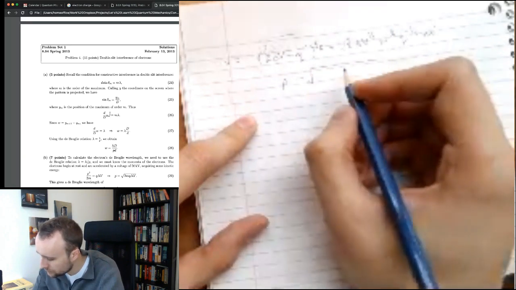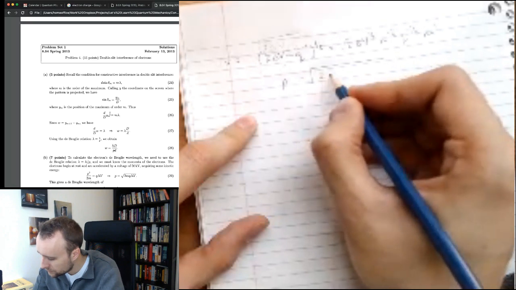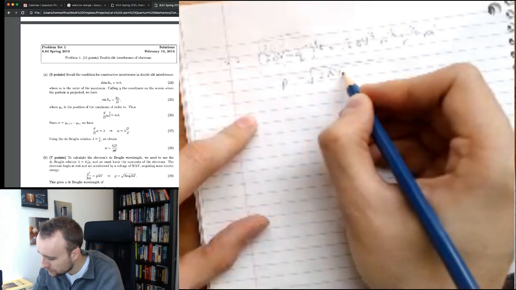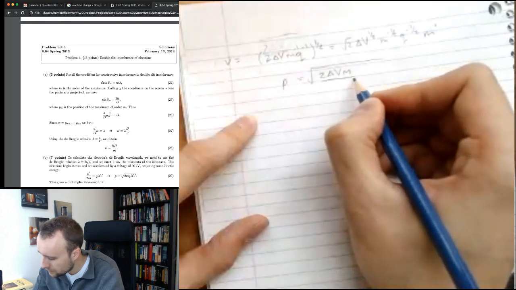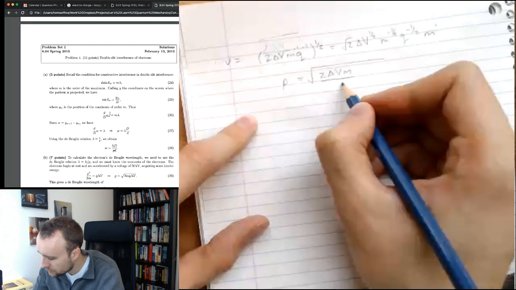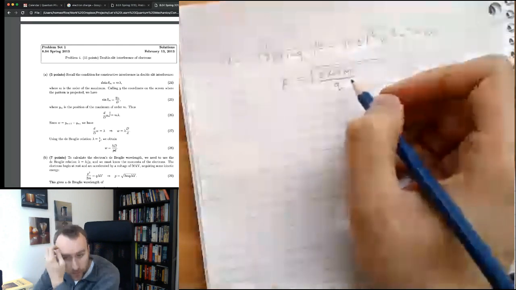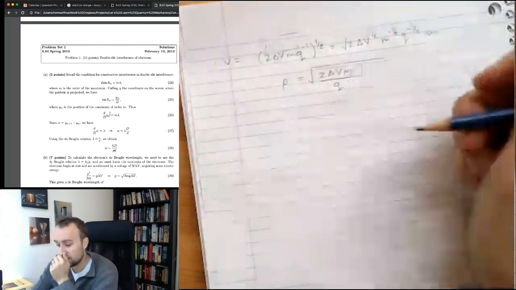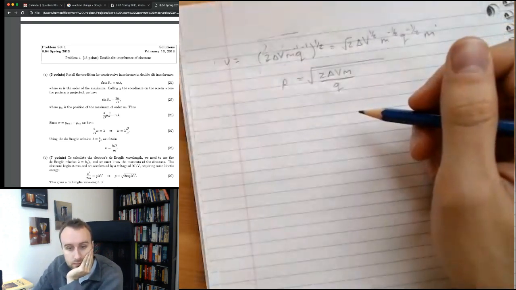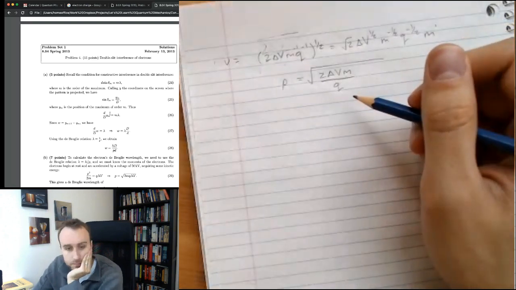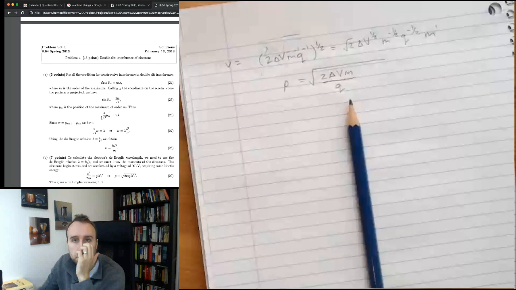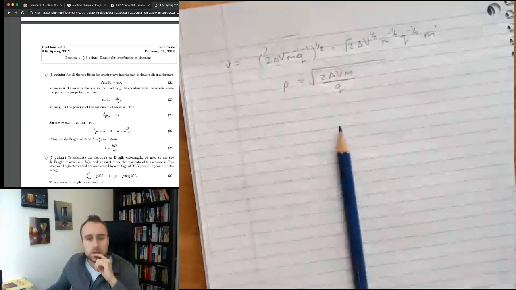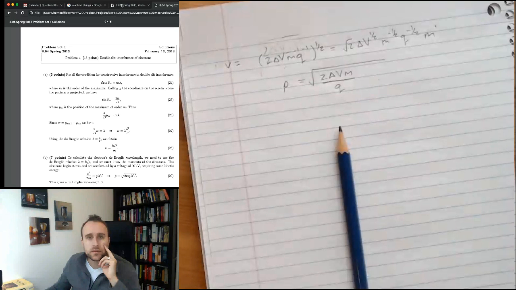square root of 2 delta V m over Q. And what do they have? That this Q is in the wrong place here. I think I must be doing something wrong. Voltage, Q voltage. Let me look at volts here.